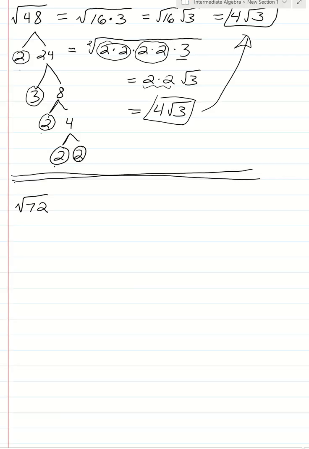Take a moment now, simplify that, pause the video, and simplify it either way, or maybe simplify it both ways and see if you get the same answer. So at this point, pause the video, work through the problem yourself, and see if you can take the square root of 72 to get the simplified radical. And when you're done, turn the video back on.